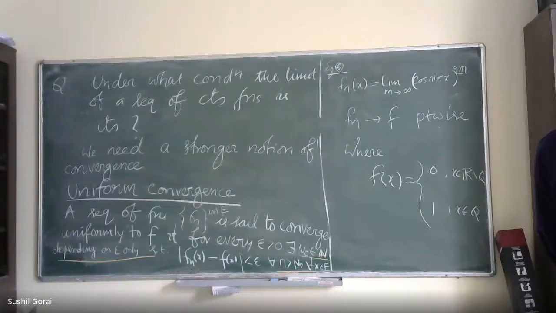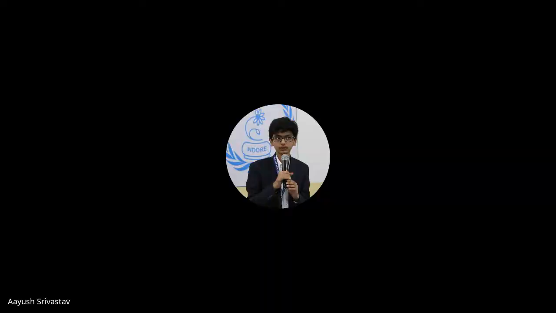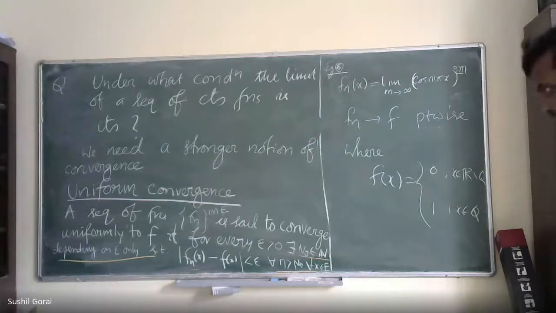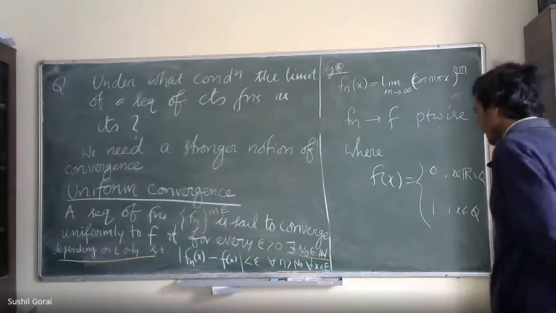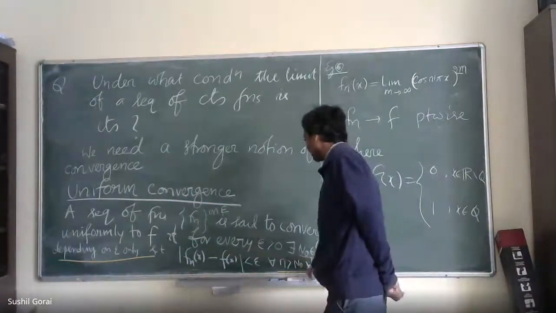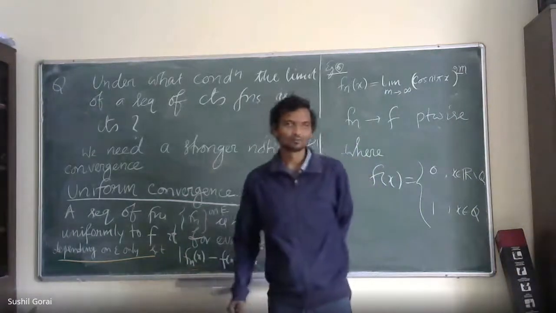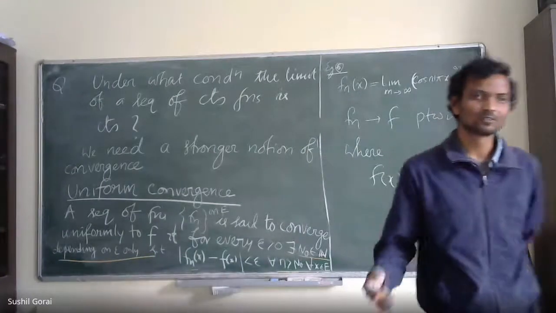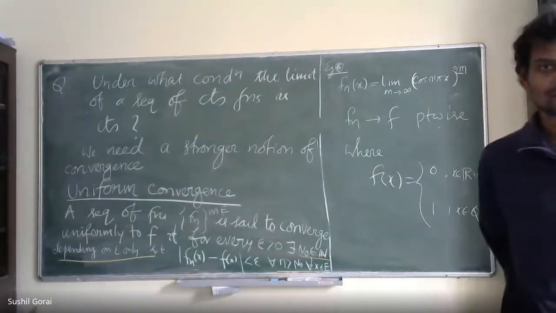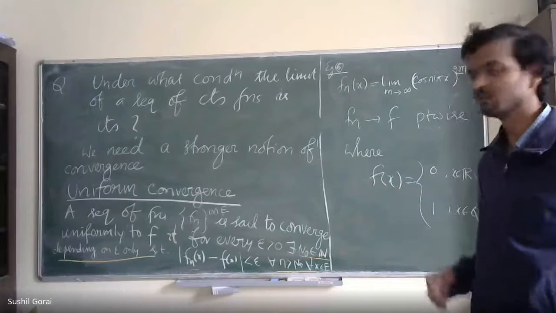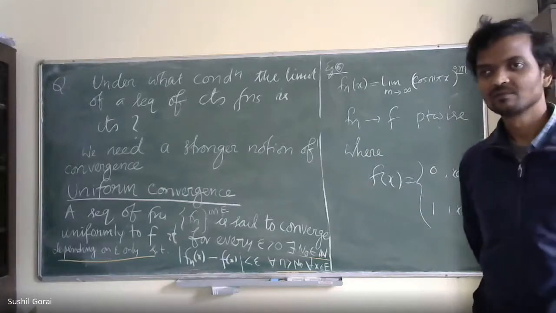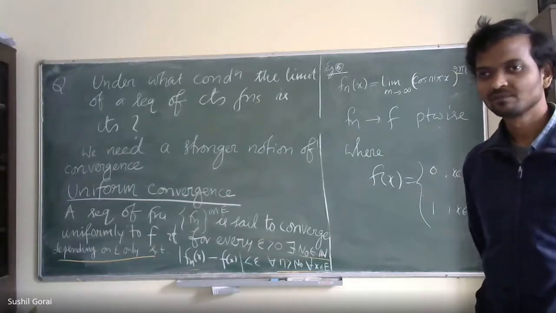Any question? Sir, so if a sequence is uniformly convergent, it will be pointwise convergent, right? Yes. Because this is true for every x, it will definitely be pointwise convergent. So this is a strong version of convergence.